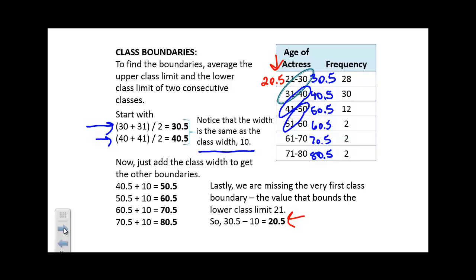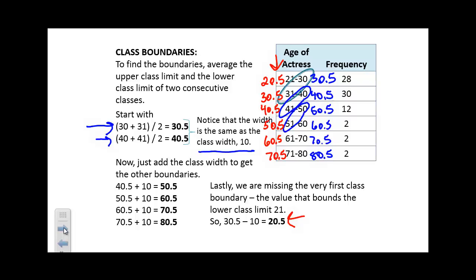Because remember I said each class has two boundaries, a boundary in the front of it and a boundary at the end. So the way that would look is the 30.5 would repeat for the second class, and then the 40.5 for the third, the 50.5 for the fourth, and then 60.5 and 70.5. So each class has two boundaries.